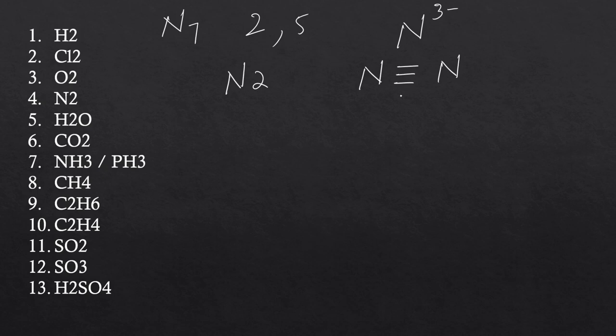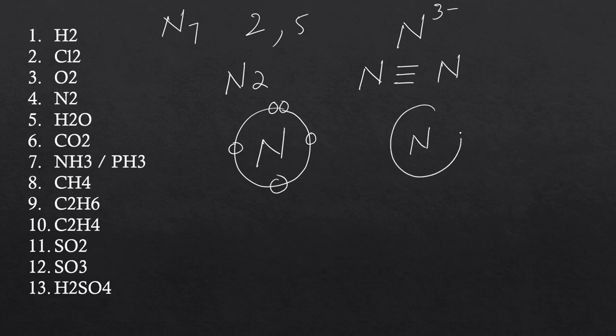Okay, so let's draw the structure. It's one nitrogen, so 1, 2, 3, 4, 5. Another nitrogen here, 1, 2, 3, 4, 5. Now they will overlap with each other.